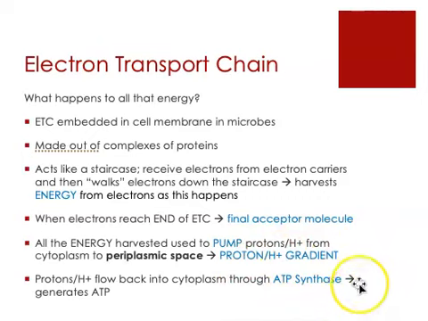This molecule has a physical, literal tunnel through it. And as those hydrogen ions pass through that tunnel back into the cytoplasm, their motion, their kinetic energy is going to be transformed into chemical energy in the form of ATP.